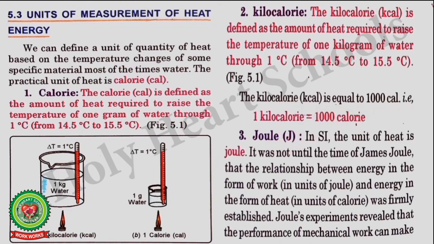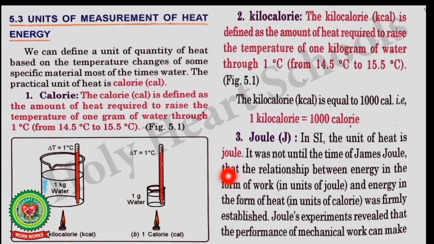Next is joule, which is an SI unit of heat energy. Students, always remember, joule is also the SI unit of work. But it was not until the times of James Joule that the relationship between energy in the form of work and energy in the form of heat was firmly established. It was James Joule who established the relationship between work and energy.